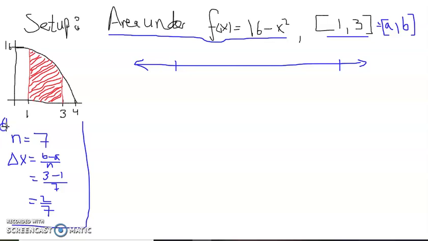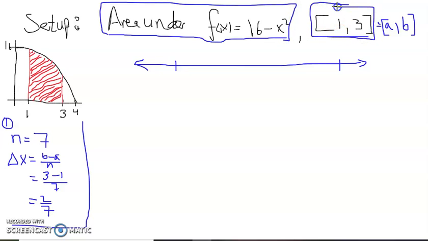So this is step 1. You have the actual function that you're dealing with, you have the interval you're dealing with, and you have the number of boxes you're going for. In this case, 2 over 7.